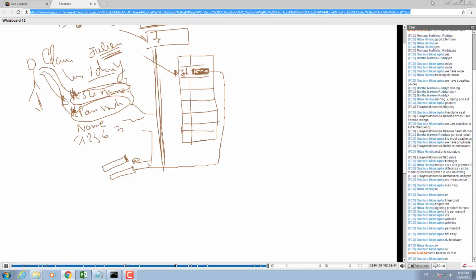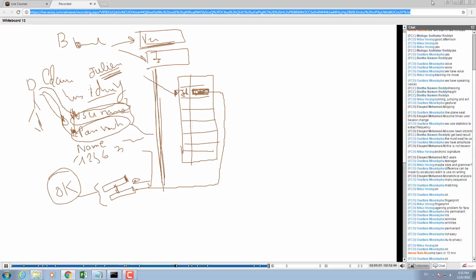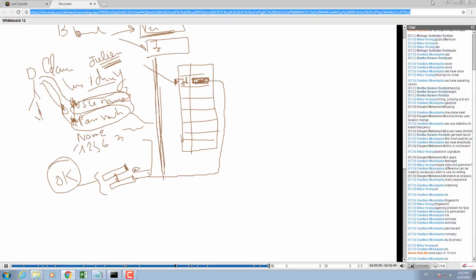He gave his name. He claims his identity. When you claim your identity, directly there will be a pointer which points to the name that has been claimed. We extract the code and we compare it to the code provided by this user. If the code is the same, there is a match, and we grant the access.